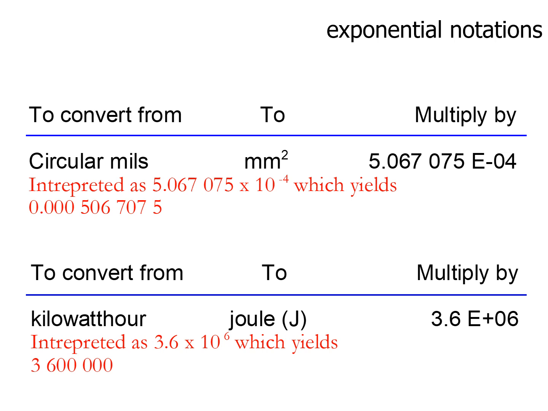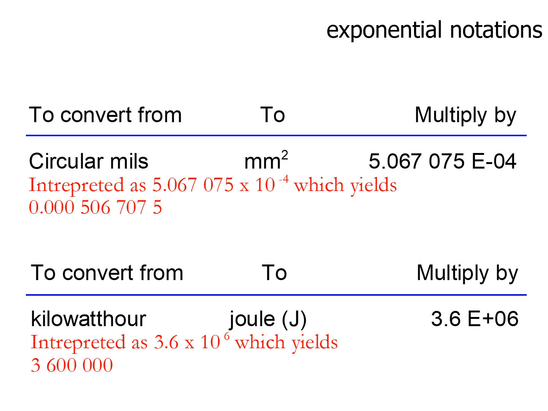So it says to convert circular mils to cubic millimeters, that's 5.067075, interpreted as 5.067075 times 10 to the 4th power, which yields 5067075.